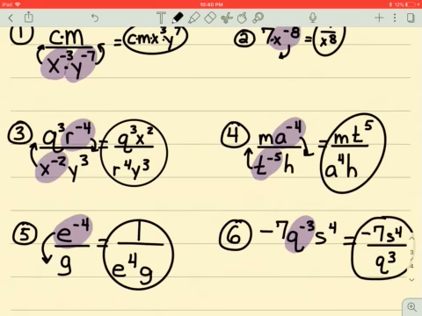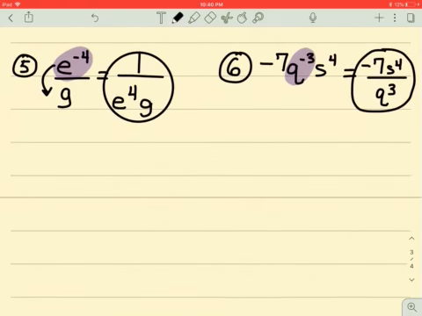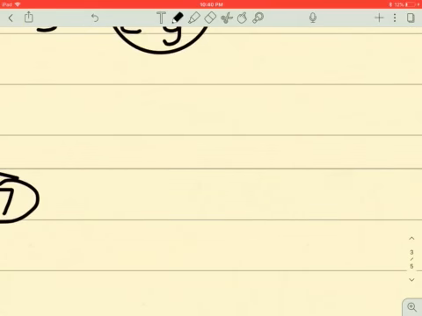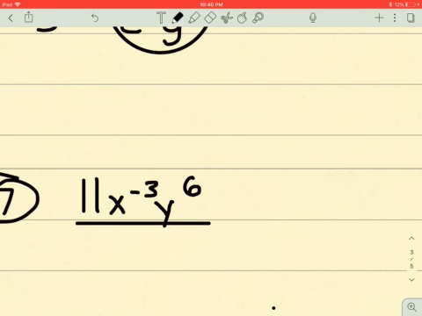Okay. Let's do 2 more, and we'll call it quits. Let's see here, number 7. What if I give you 11 x to the negative third y to the sixth all over 4 w to the negative second. So first thing, I look at my coefficients because I have 2 coefficients here, one in my numerator and one in my denominator. There is nothing there that can simplify.